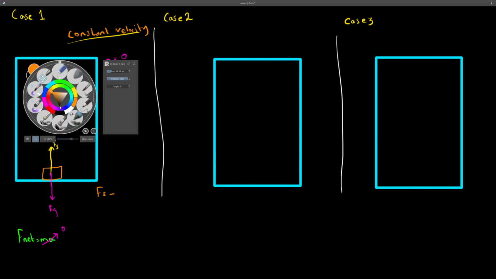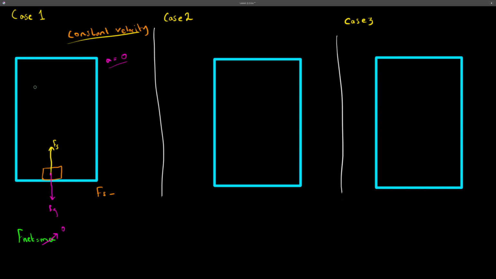Now, for example, let's say I have a mass of 60 kgs. So 60 times 10 is my Fg, so Fnet is equal to Fs minus 600.